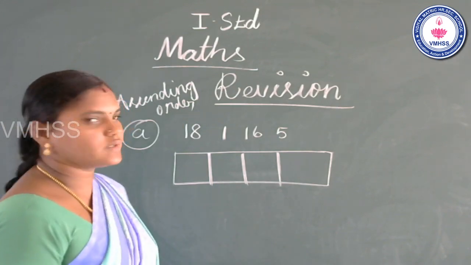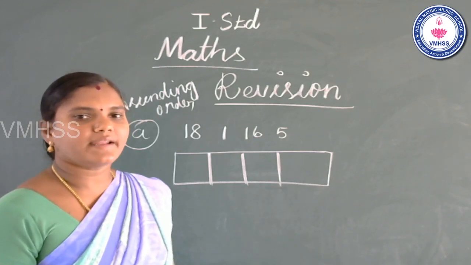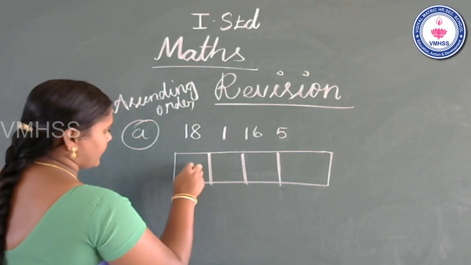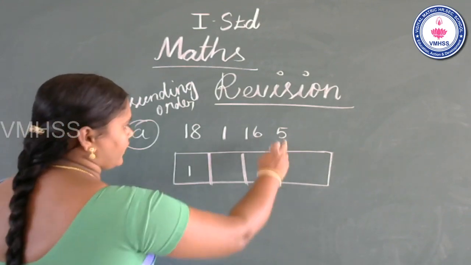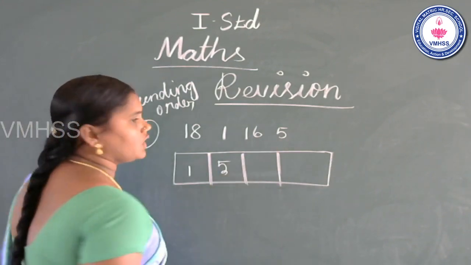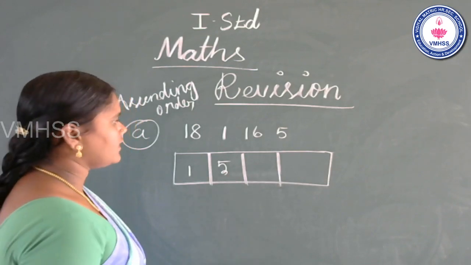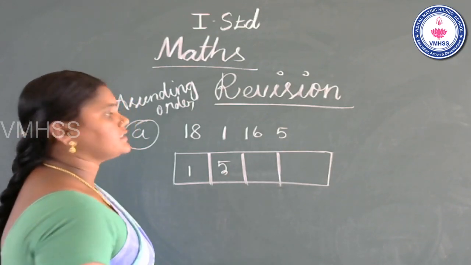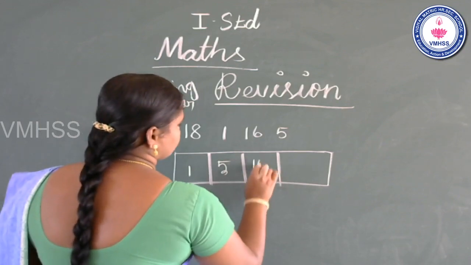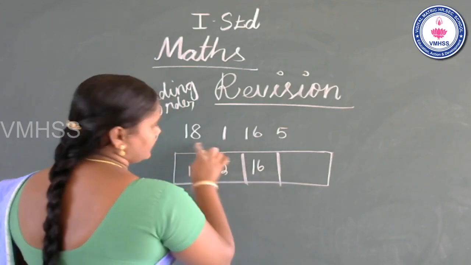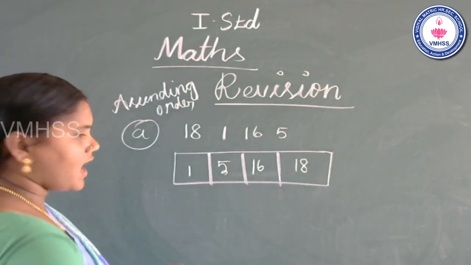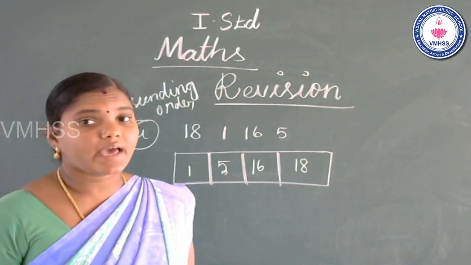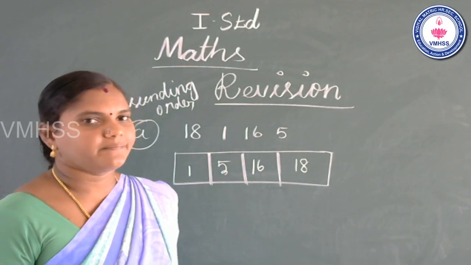What is the first number? Yes, 1. Next one? Yes, 5. Very good. And next one? 16. Very good. 16 and 18. The ascending order.